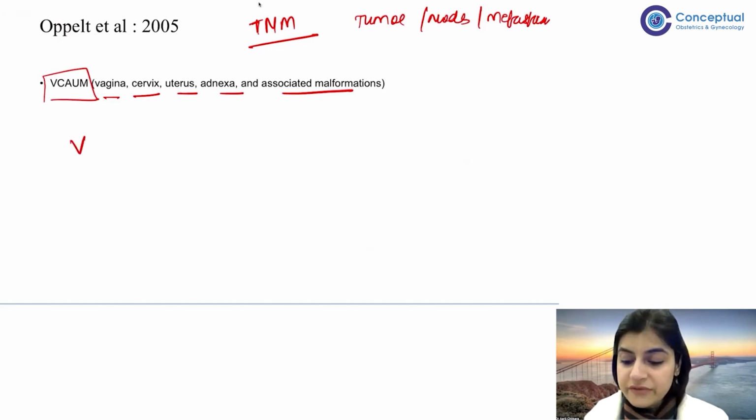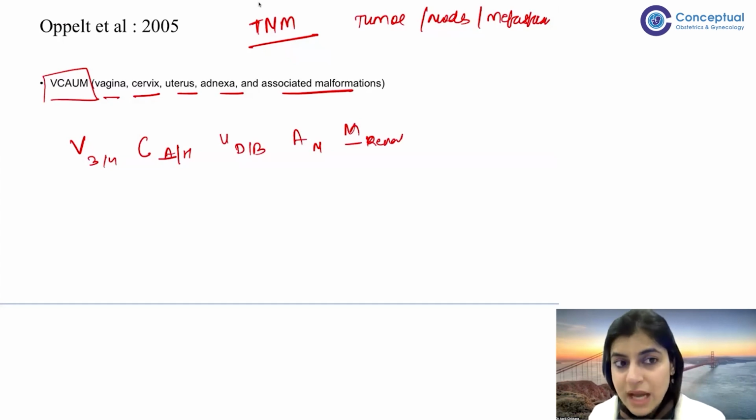So they said V3, V4, or V what, see this agenesis or hypoplasia, uterus didelphys, bicornuate, adnexa, there could be endometriosis or it is normal, and associated malformations may be renal malformation, horseshoe kidney. So this is how the labeling was done, and Oppelt et al. gave this proposal.